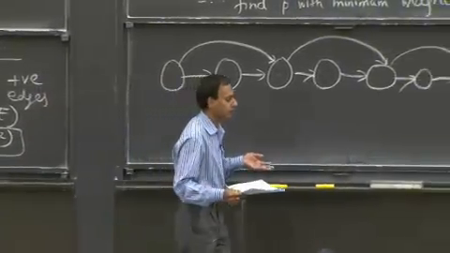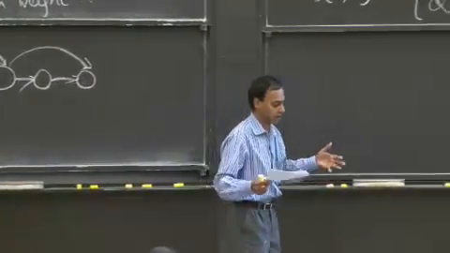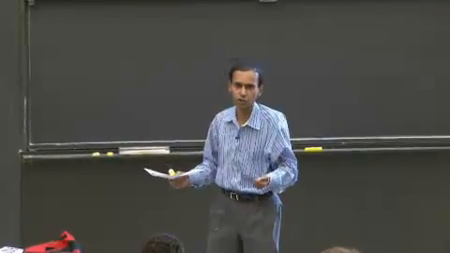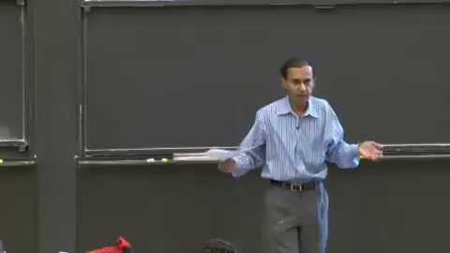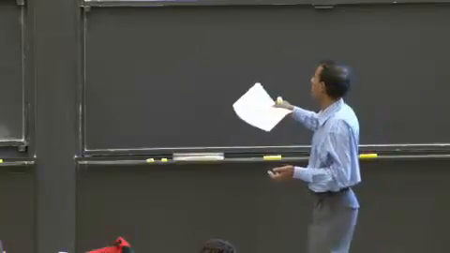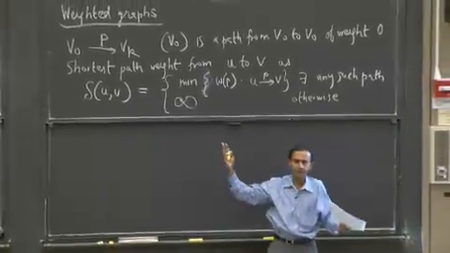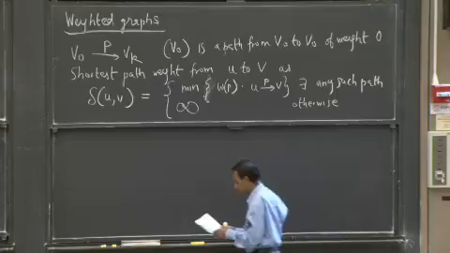And it's quite possible that you may be given a graph where there are particular vertices in your set V that can't be reached from the particular source that you started with. And for those vertices, you're going to have your delta uv. If v is unreachable from u, it will stay at infinity. OK?